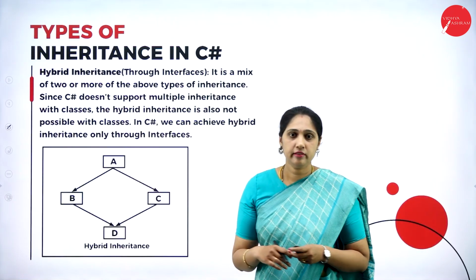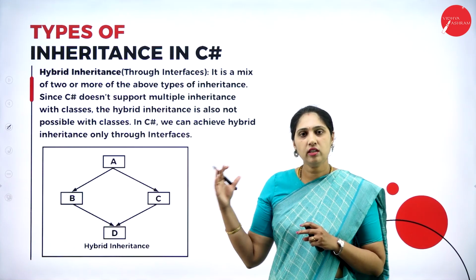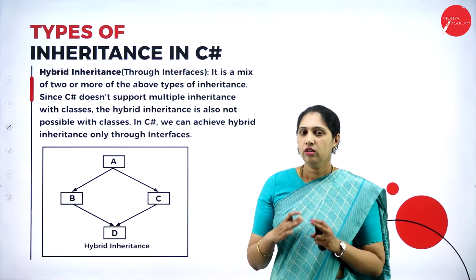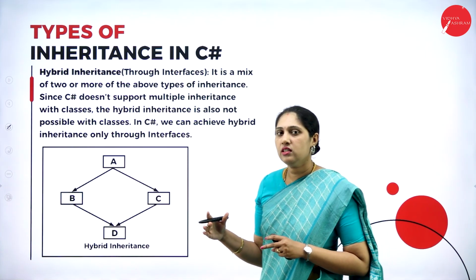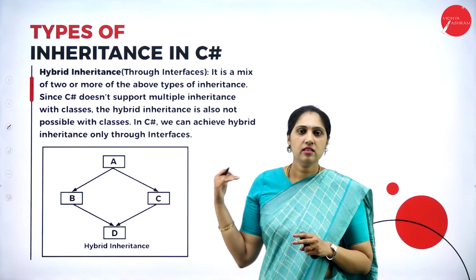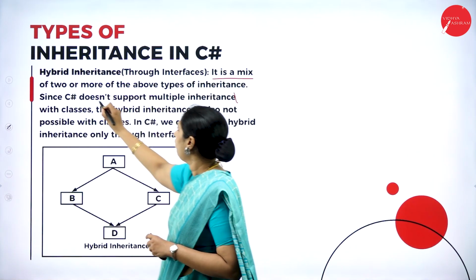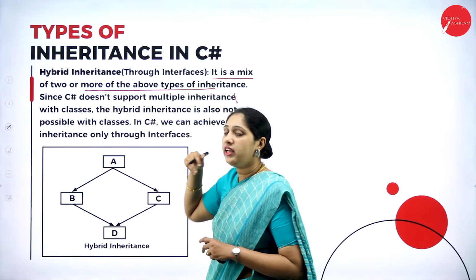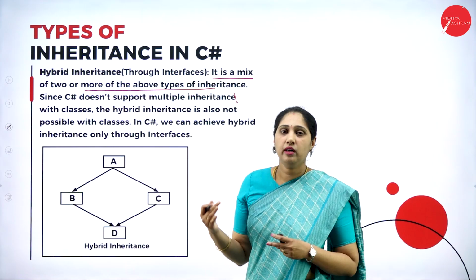Next is hybrid. The term hybrid is mixture. What is the mixture? What type of inheritance is used? You can say it is a combination of inheritance. Whatever we have discussed, if I mix some combination, that is nothing but hybrid inheritance. So it is a mix of two or more of the above types of inheritance. It can be single, multi-level, multiple.